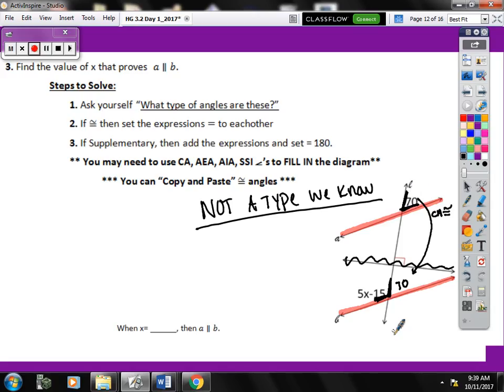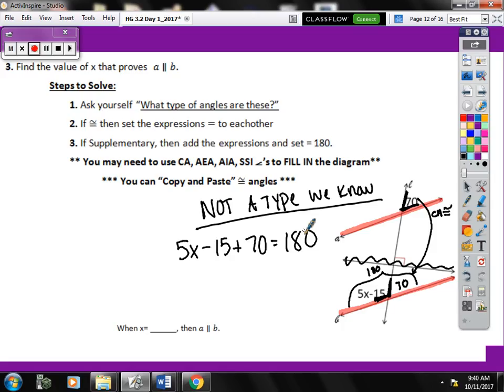Now, what's the relationship between these two angles, now that I moved the 70 down here? They're supplementary, right? They form a straight line. So we'll use the angle addition postulate and the fact that they form a straight angle to add the two and set equal to 180.